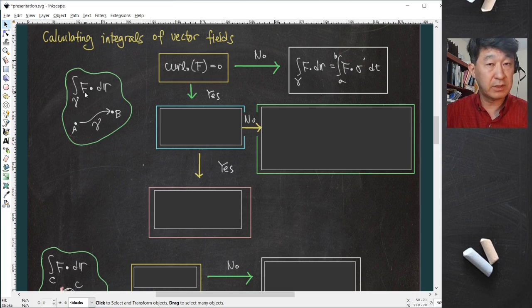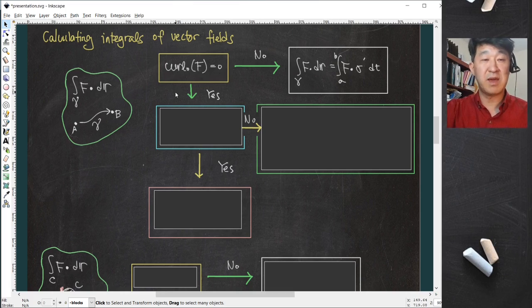I forgot to mention that this discussion is particularly for a not necessarily closed loop, but it still applies to the closed loop. If you start at one point and end at a different point, that's the general case, and if your curl is not 0, take the curl.